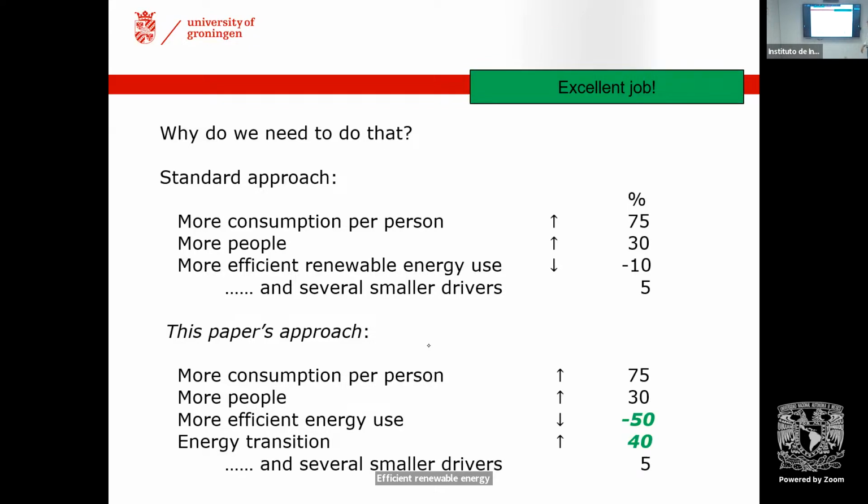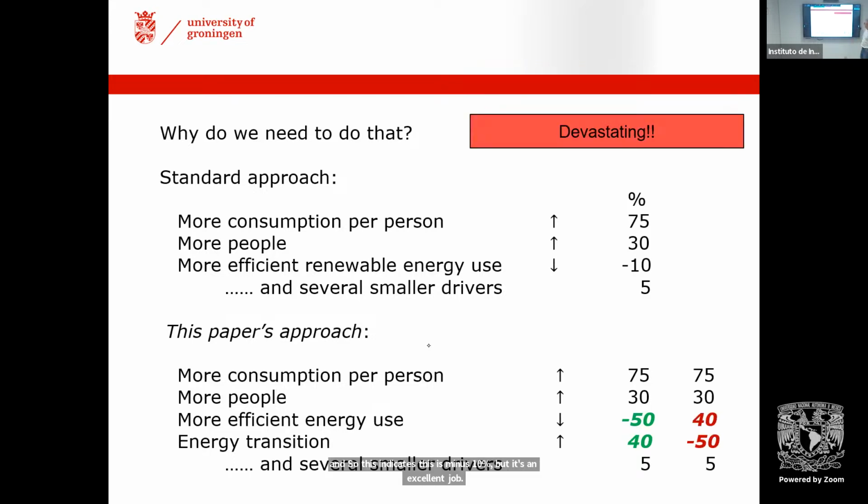But it can be the case that this reflects a situation where you have done an excellent, super job in terms of energy transition. It could be the case that this more efficient renewable energy use is due to using less electricity on your machines, which helps enormously. So all your production is done more efficiently in terms of energy. Plus, you have changed a whole lot of energy from dirty energy production to renewable solar. And so this minus 10% hides an excellent job.